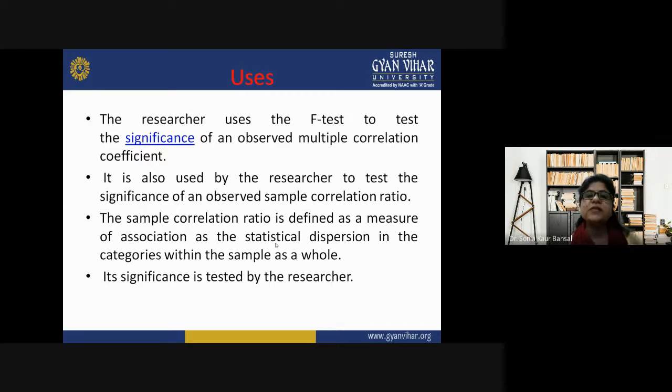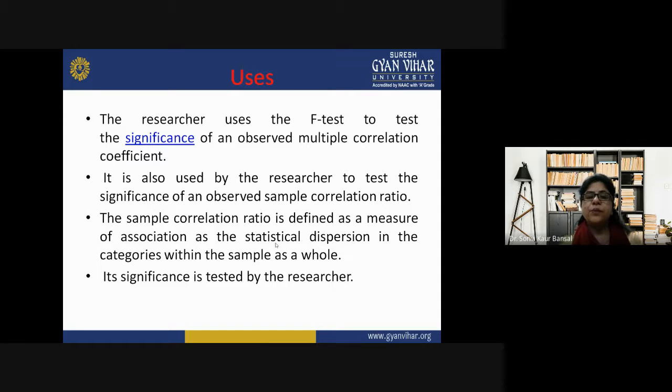We all know that when we have to see the significance of two groups, then we apply the t-test. But if there are multiple groups and more correlations we have to see, then the researcher uses the F-test to check it out.